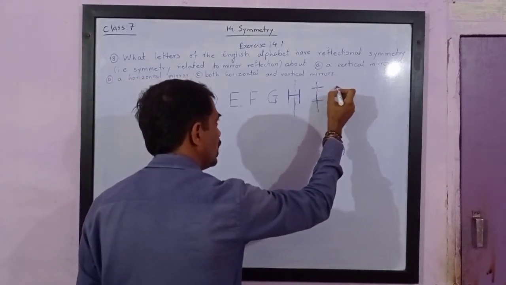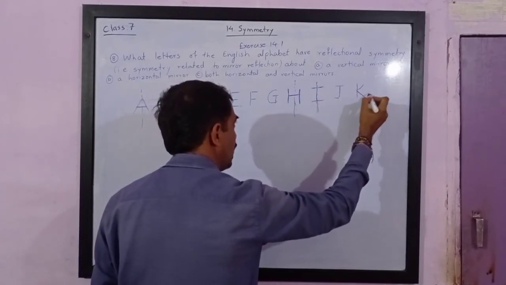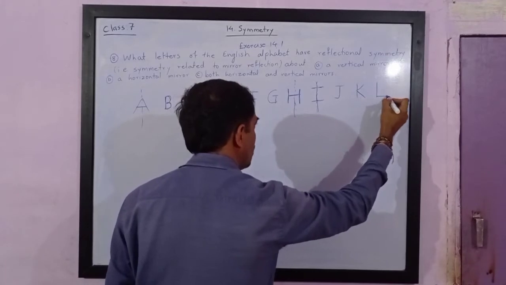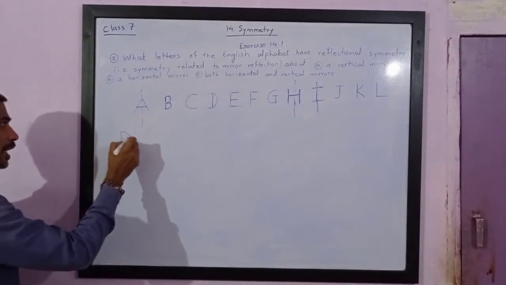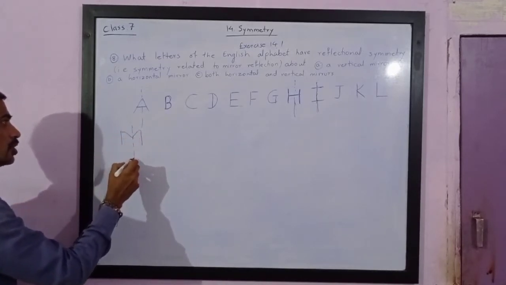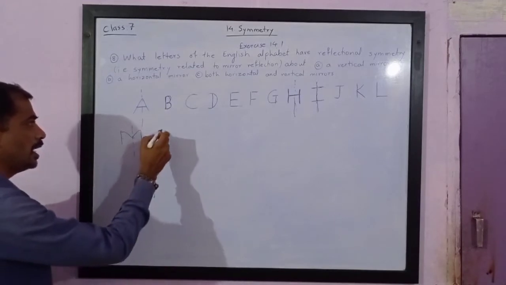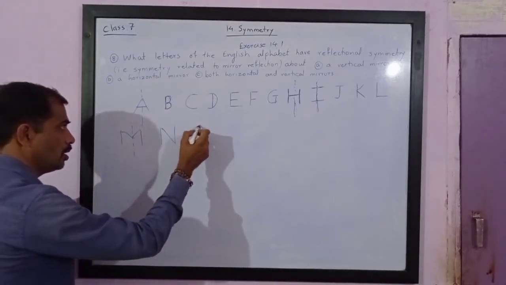So next is J, not possible. K, not possible. L, not possible. Then the next letter is M. If you write properly, you will see that it shows vertical symmetry. Then next is N, not possible.